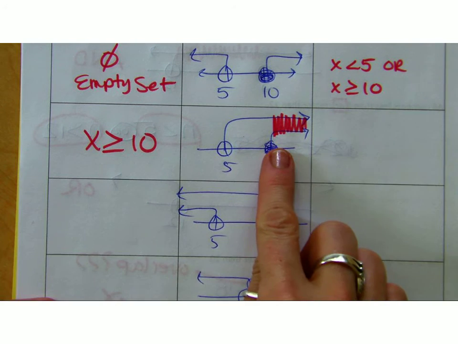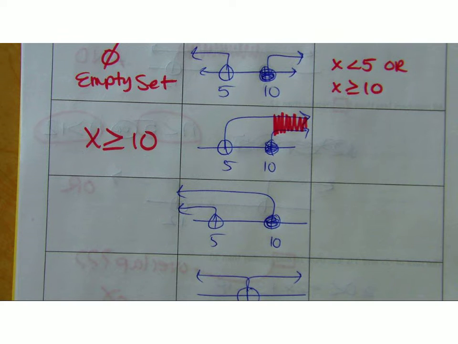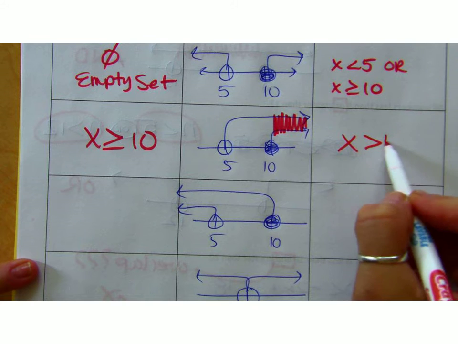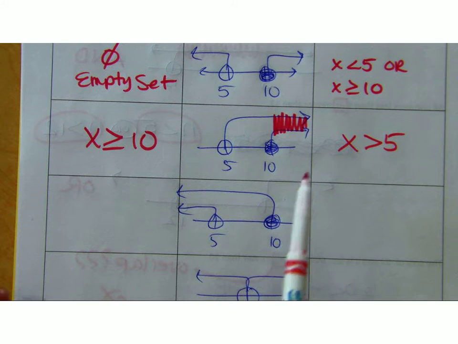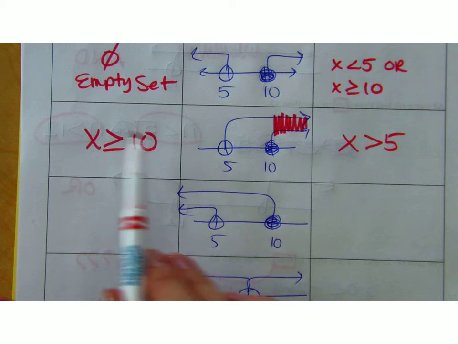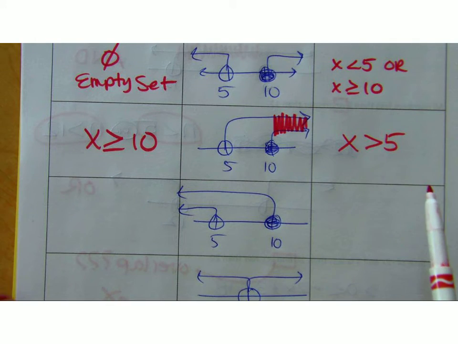I back up. And so where will a number be at least greater than 5? Starting at x is greater than 5. So for when they both point the same direction, this is really important. One of the inequalities is for the and, the other one, back it up, is for the or. Does that make sense?